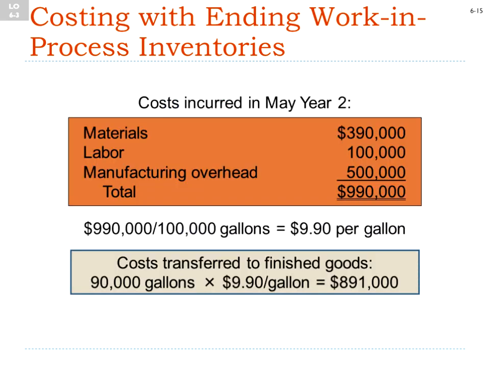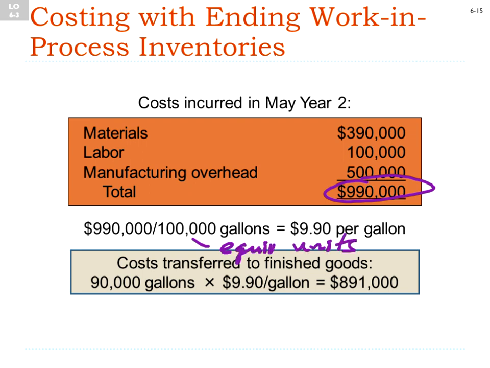So for this month, instead of $1 million, we spent $990,000 on materials, labor, and overhead. So when we're trying to figure out how to allocate the costs of the gallons of paint produced, remember that we have to divide by 100,000. And remember, that's equivalent units.